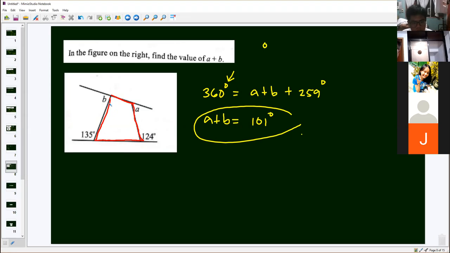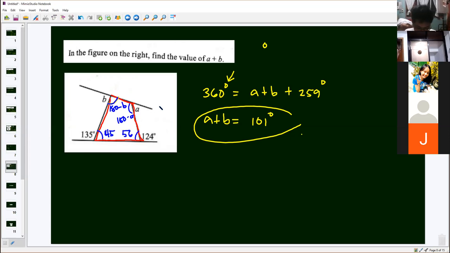Now, to those who went through getting the interior angles, no problem. 180 minus B, 180 minus A, then the interior angles 45 and 56. No problem.